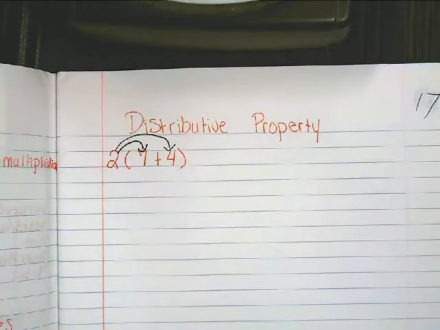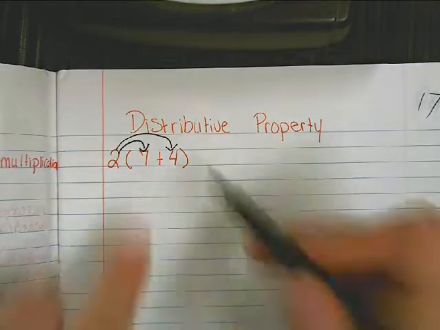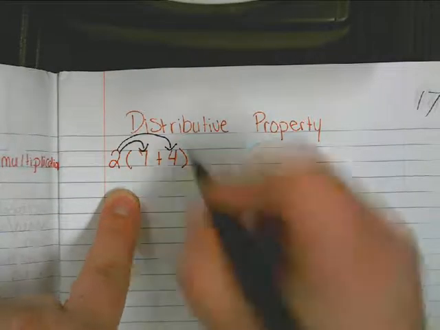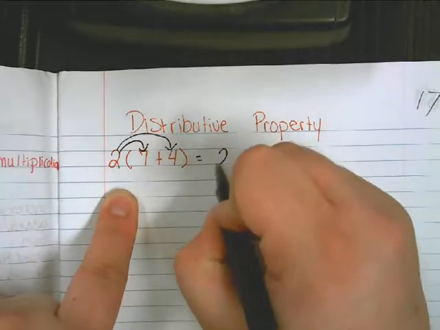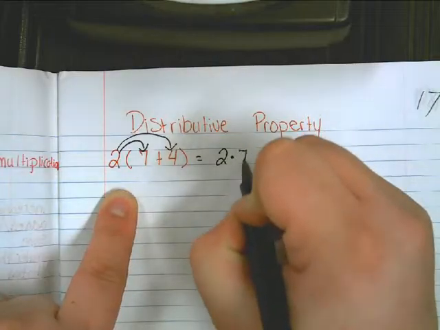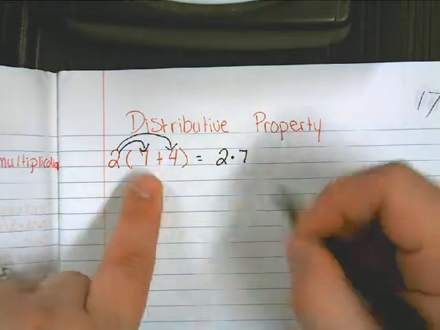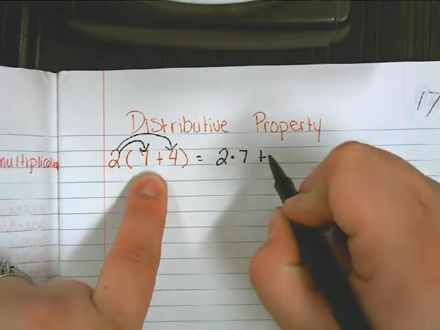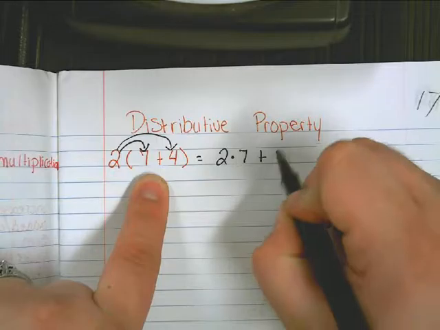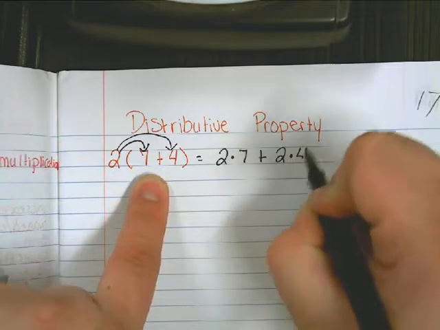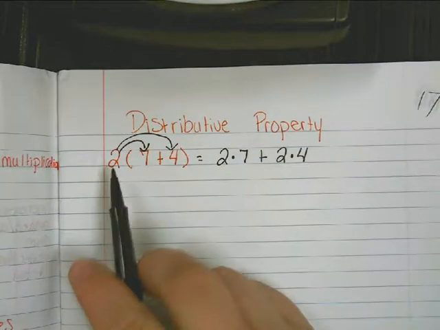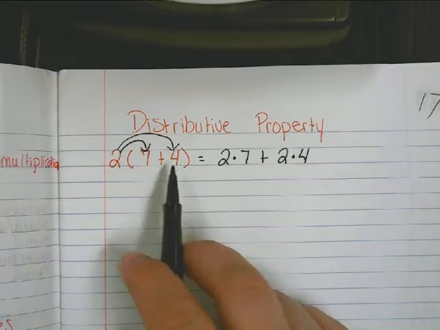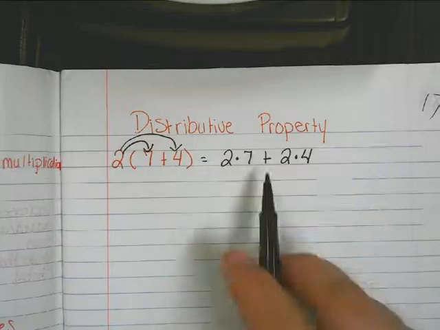These parentheses make it multiplication. So when I distribute it, I'm taking 2 times 7, keeping this plus sign, so plus 2 times 4. The number on the outside gets distributed to each number on the inside, and I multiply it. Then I'm going to add my answers together.